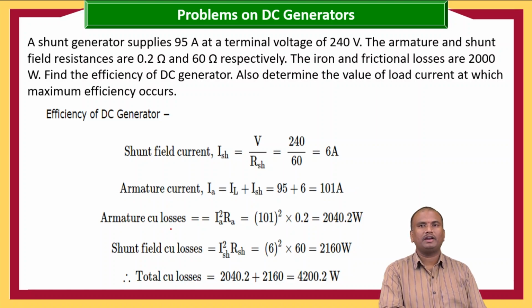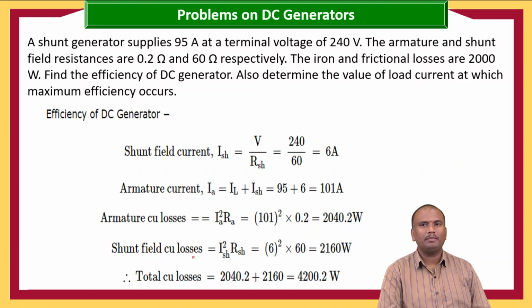The armature copper losses are equal to IA square RA, that is 101 square into 0.2, that is equal to 2040.2 watts.